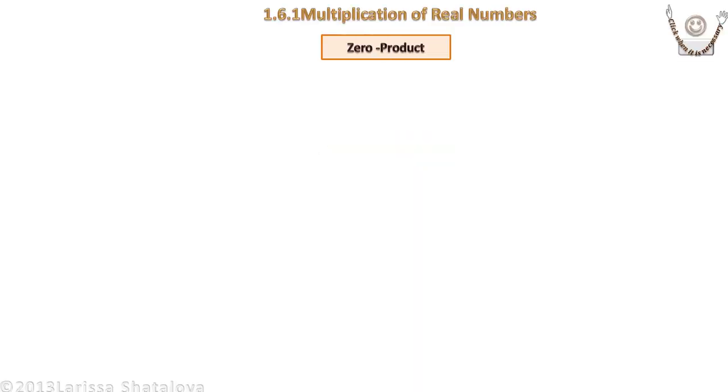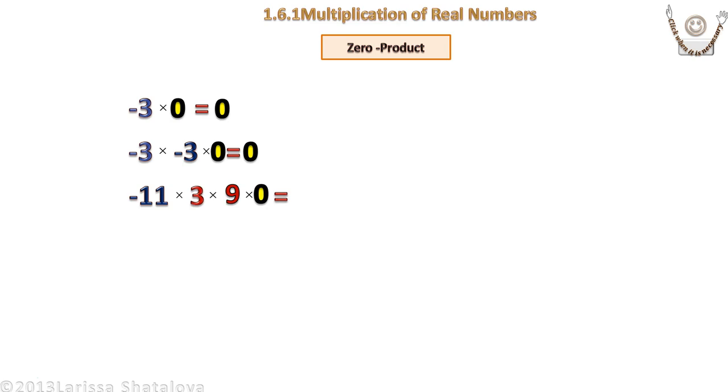Now let's talk about the zero product property. Negative 3 times 0, it's 0. And then negative 3 times negative 3 times 0, result is 0. And if something even more complicated, like negative 11 times positive 3 times positive 9 times 0, the result is 0. Or we can show, instead of a cross, parentheses. This is what we are going to use.